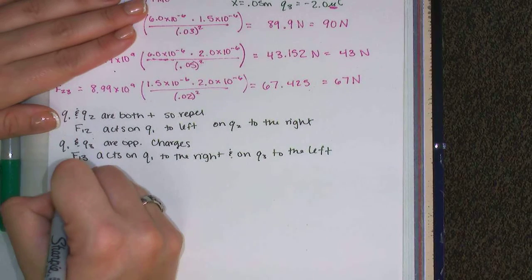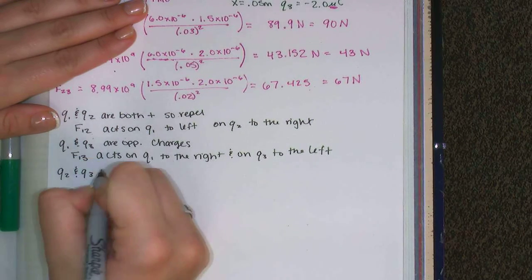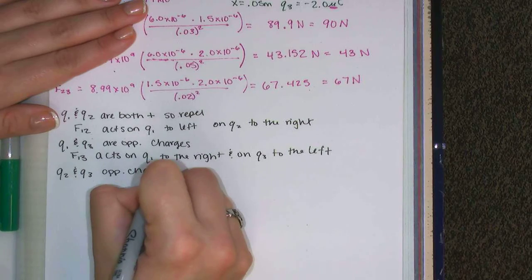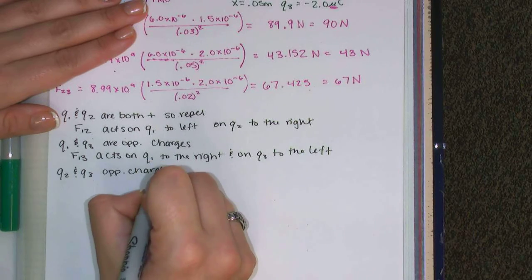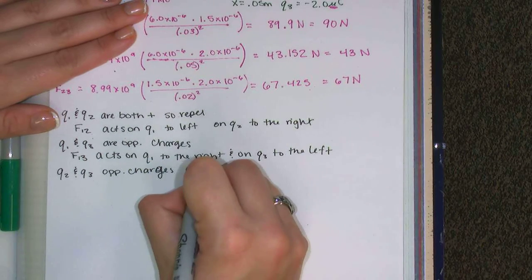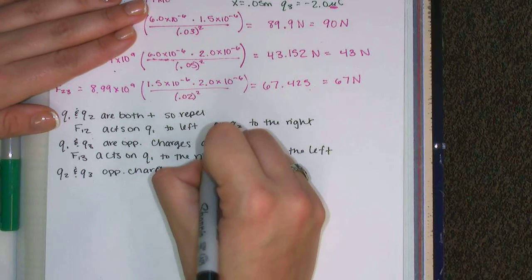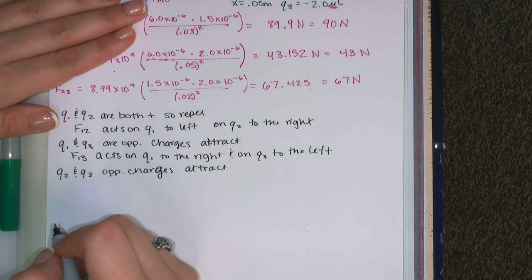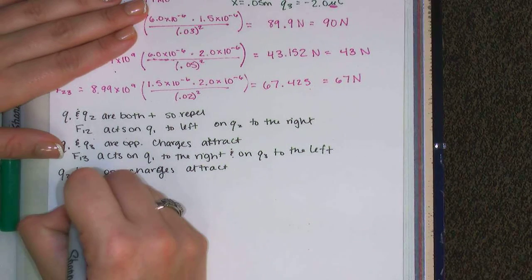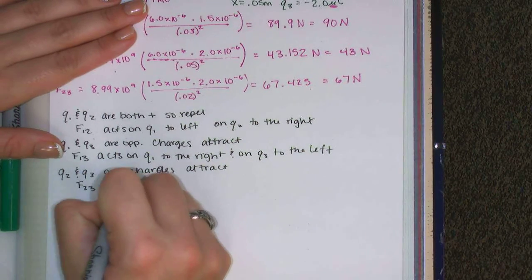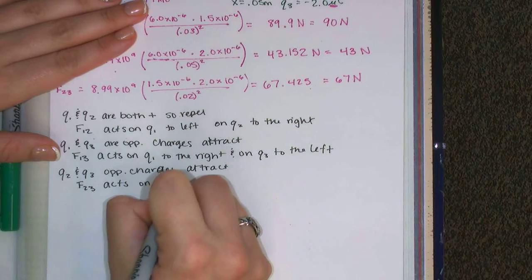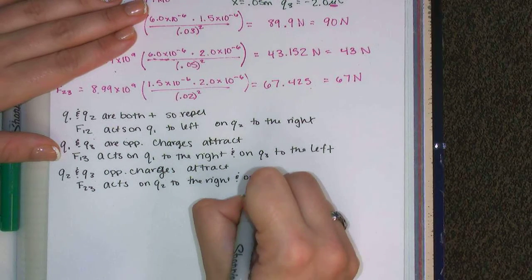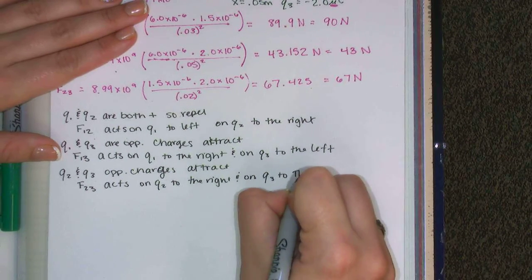Then Q2 and Q3 are opposite charges, and so they attract, which I should have said about these ones up here. So then F23 acts on Q2 to the right and on Q3 to the left.